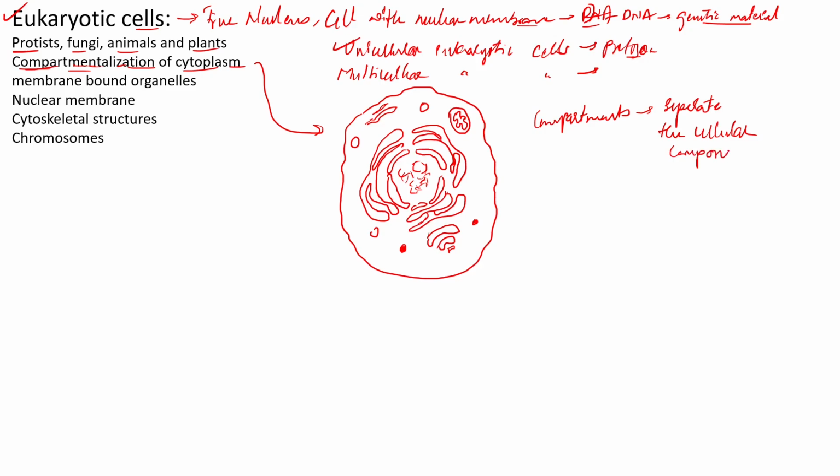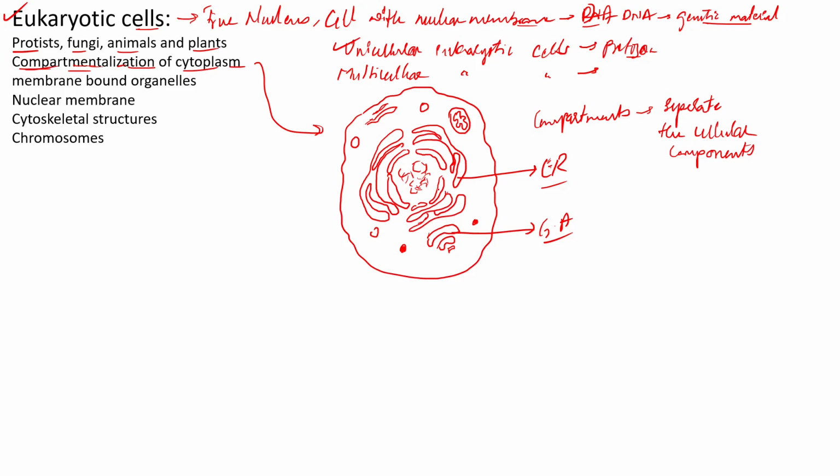For example, this part here is the endoplasmic reticulum, and this is the Golgi apparatus. All of these divide the cell into different compartments.